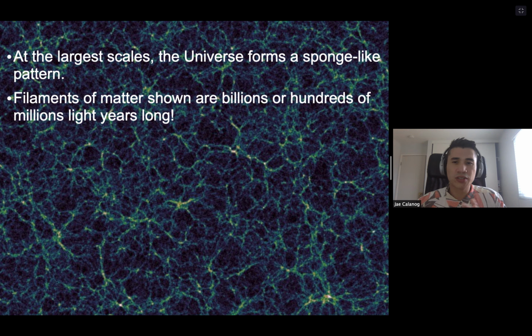It's a very interesting picture because no matter where you look in the universe, it looks the same as long as you're looking at it on the grandest and biggest of scales. These filaments of matter that I'm showing you right here are hundreds of millions to billions of light years long. So essentially you're encapsulating the whole universe in this one picture.